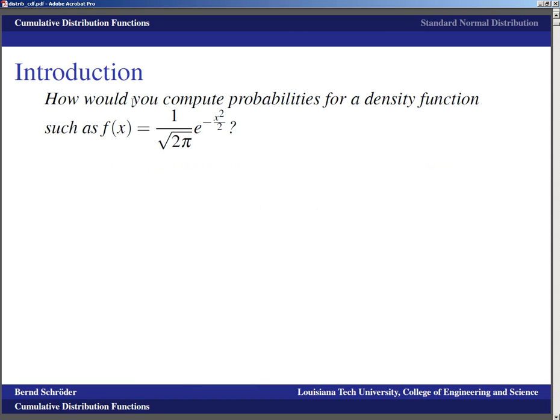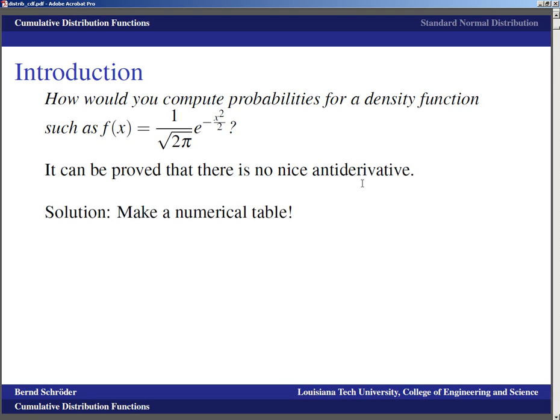Basically, one of the questions in our context is how would you compute probabilities for a density function such as a standard normal distribution, and it can be proved that this thing does not have a nice antiderivative, and so the solution really is to make a numerical table.